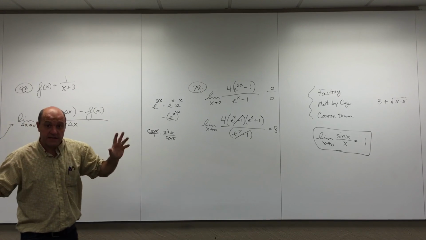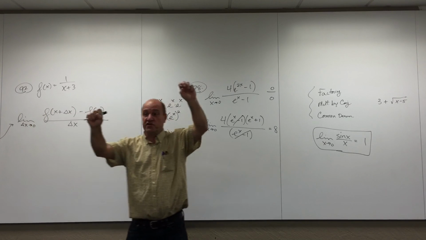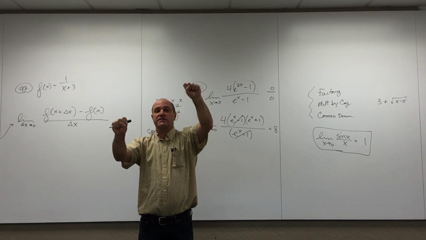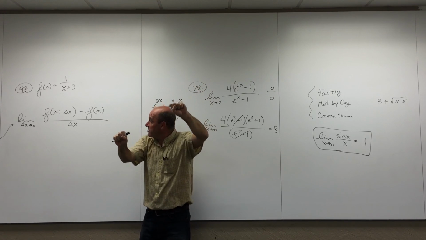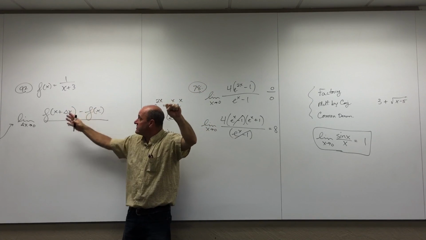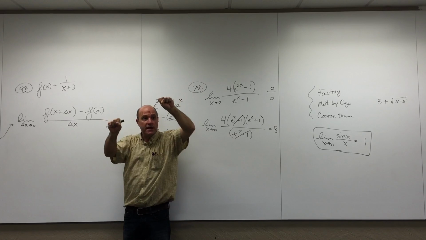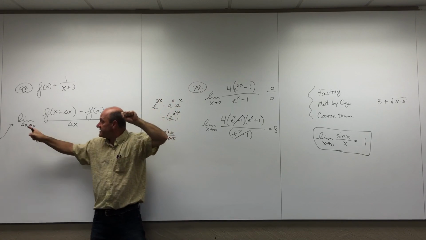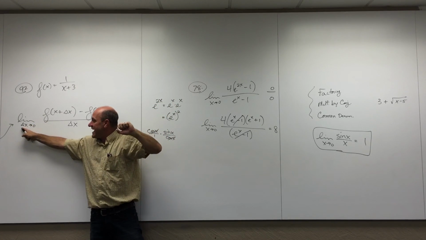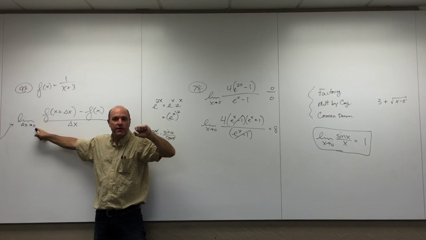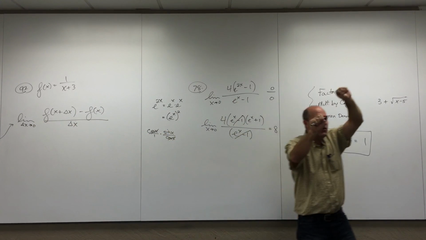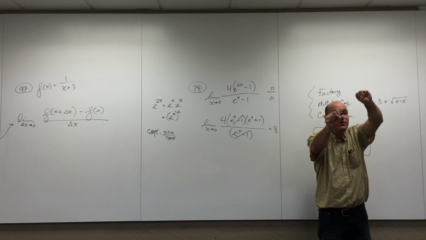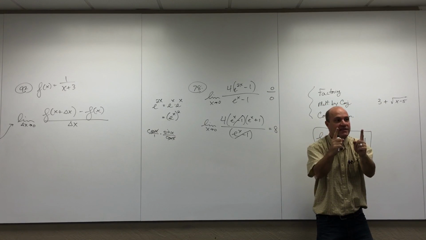But listen, a slope is usually, you have 2 points. You have 2 x's and 2 y's, and you're getting a slope. What this problem is doing is like a slope, 2 y's, 2 x's, but then check this out. You're doing the limit as that change in x goes to 0. So those 2 points are getting closer and closer together because the change in x is going to 0.